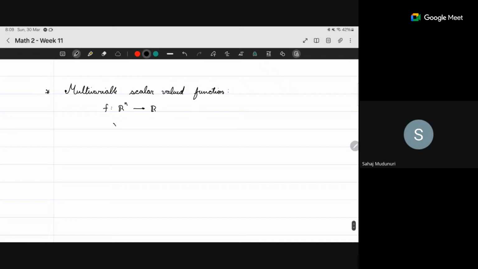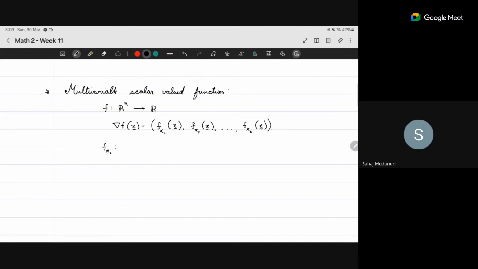Now, what is nabla f at the point x tilde? It's a vector whose components are fx1 at x tilde, fx2 at x tilde, and so on up to fxn at x tilde. Right? Each of the components of the gradient of the function are again scalar valued multivariable functions.